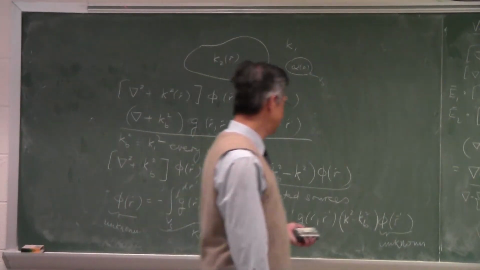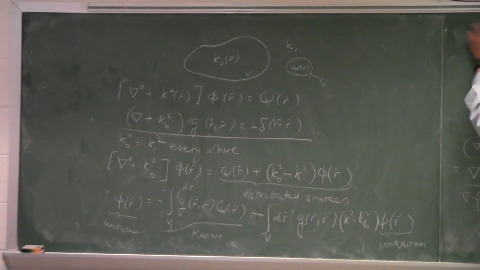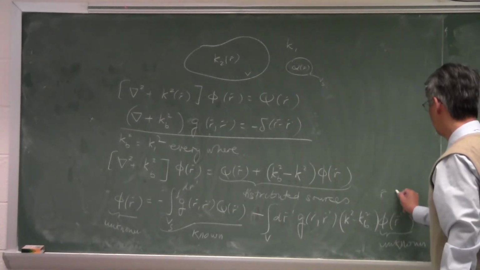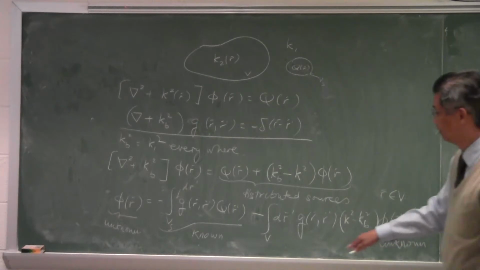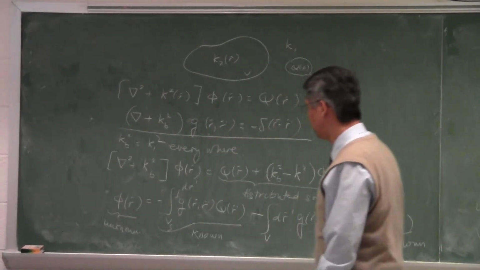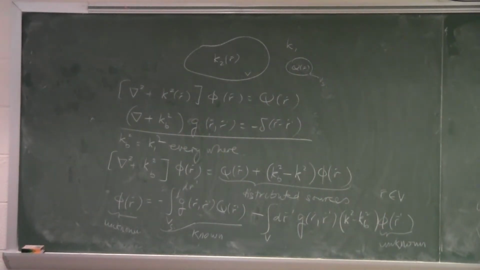So I can write this as a volume integral equation where the unknowns are inside the volume of the scatterer. I can put r belonging to V. Then the unknowns inside the integral are distributed on V, and the unknowns outside the integral are also distributed over V. So they are the same set of unknowns both inside the integral as well as outside.